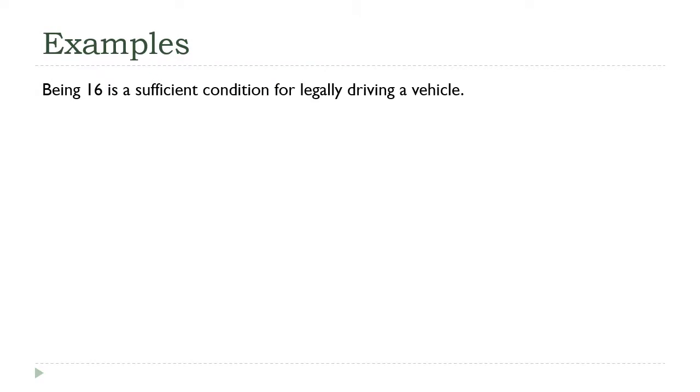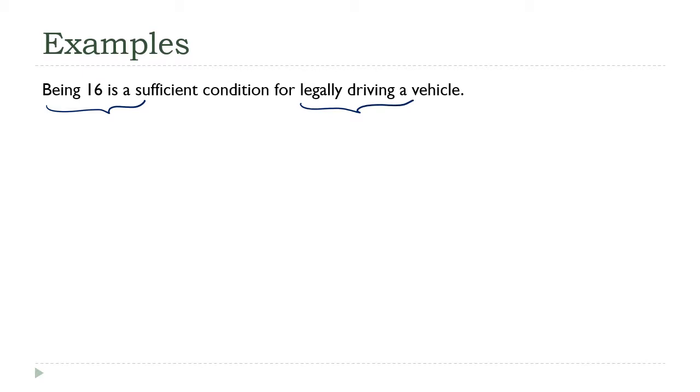All right, so take a look at that statement and think about how we could translate it to a conditional statement. All right, this is saying that if you are 16, then you can legally drive. In other words, if you've crossed that age limit, then you can be certain that you can get a driver's license and legally drive.